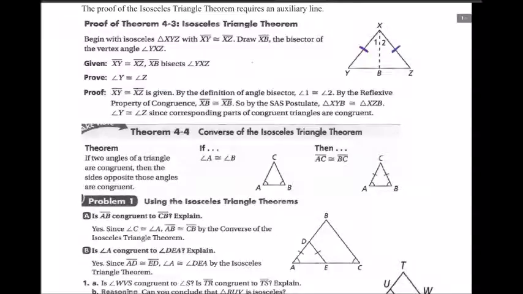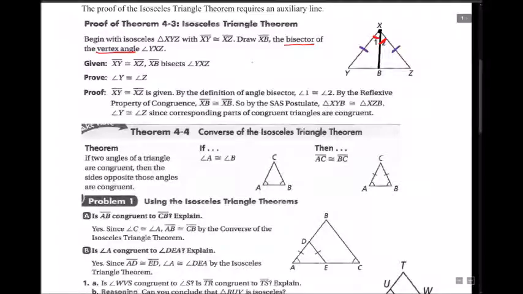You can draw one and only one line. I'm going to draw a line through my vertex angle down to the base, and what that's going to do is bisect my vertex angle. So I drew specifically the bisector of the vertex angle.